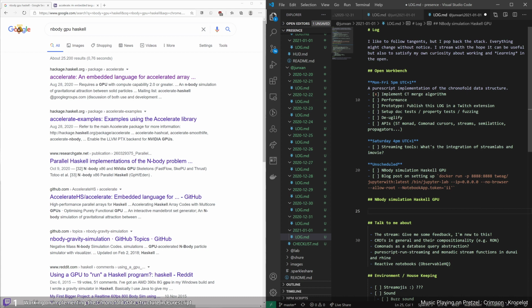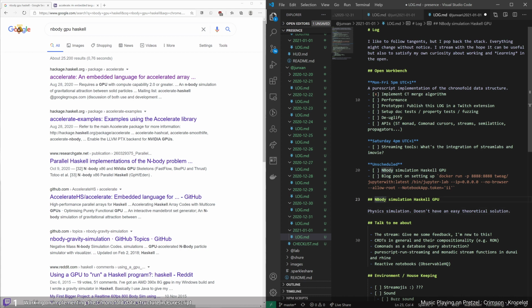Okay, so what do I mean by all this? The NBody problem is a physics simulation problem, and it's interesting because it doesn't have an easy theoretical solution, even though it's easy to write an equation for.